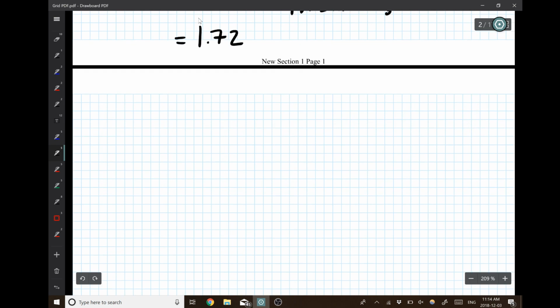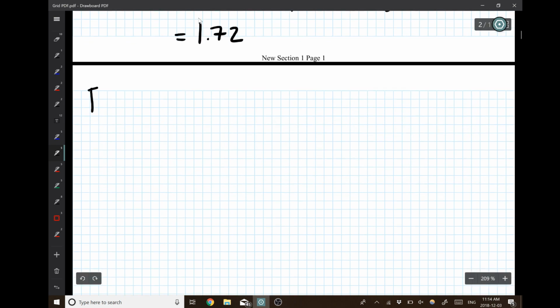So for sliding, we're basically doing a horizontal force balance on our retaining wall. So just a quick little sketch here.